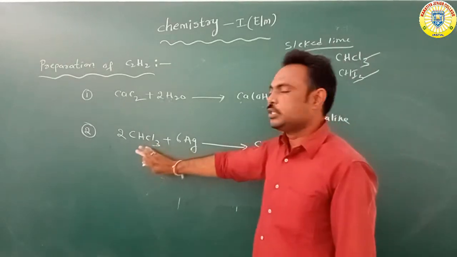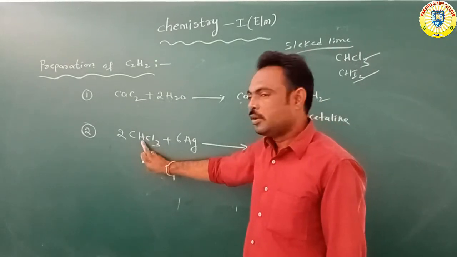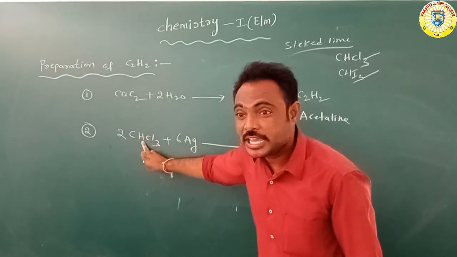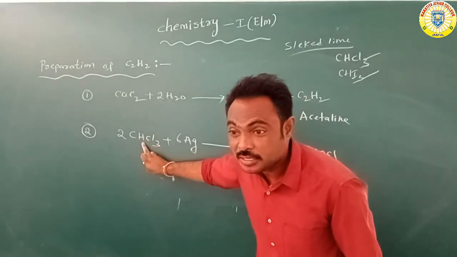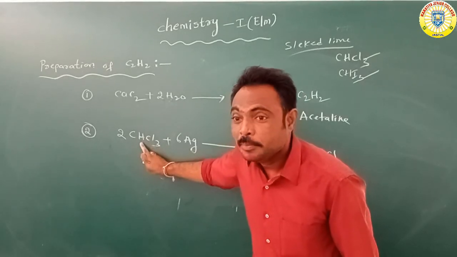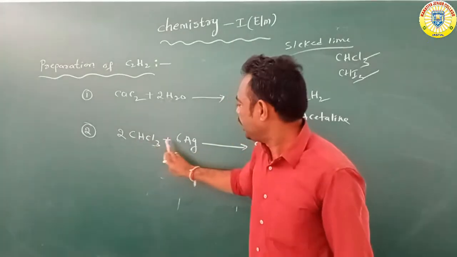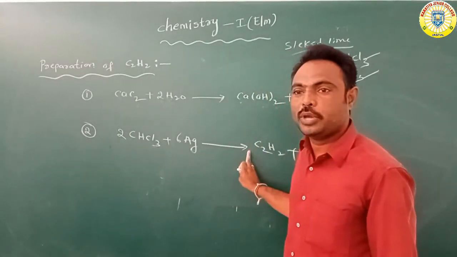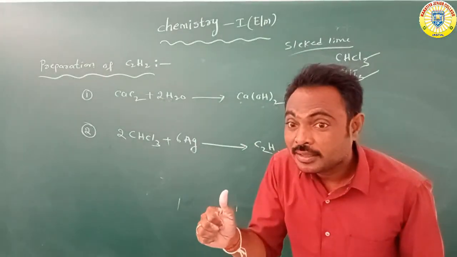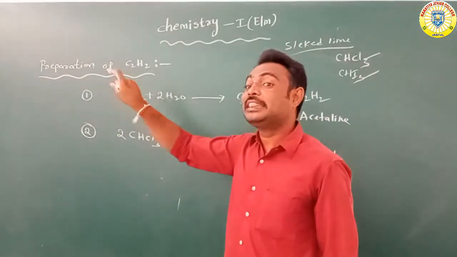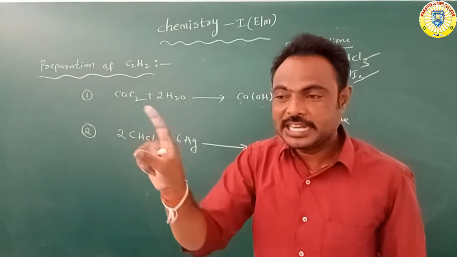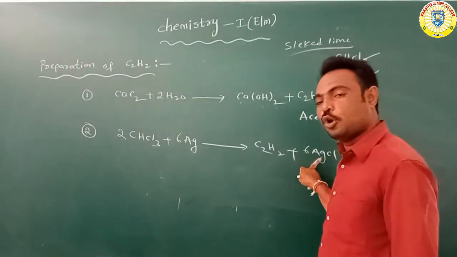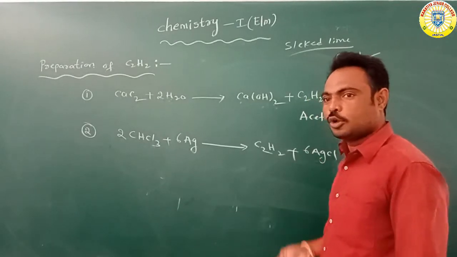Okay, so for the second preparation, when we have taken chloroform, what is the formula? CHCl3. When it reacts with silver Ag to form C2H2. C2H2 means acetylene or ethyne. Next, silver chloride.